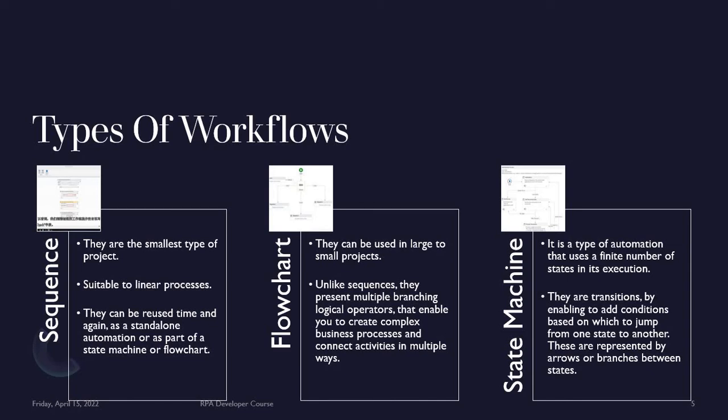Coming to state machine, the third type. State machine is more powerful than flowchart, but state machine is not a separate code. It will again have flowcharts and sequences inside it. Okay, so it is a type of automation that is used to automate using finite states.